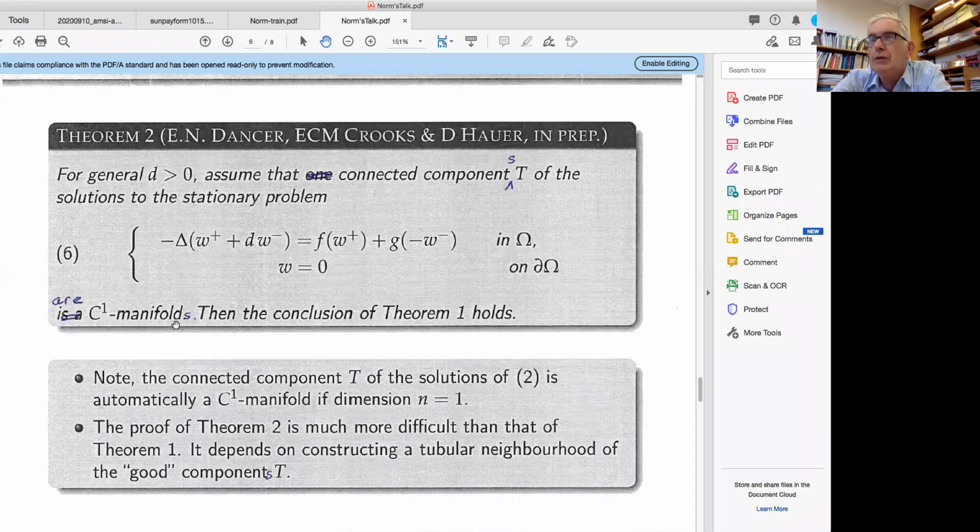That way you get an expanded neighborhood of the original set in a rather nice way. But this only works basically if the set is a manifold. To get this nice construction, you can control its topology.